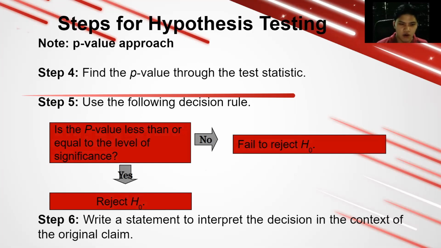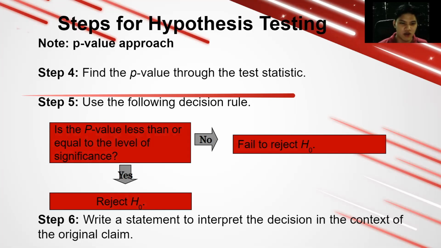For step 4, we must find the p-value through the test statistic, using the formula. After step 4, we move to step 5, where we use the decision rule that we've discussed previously.